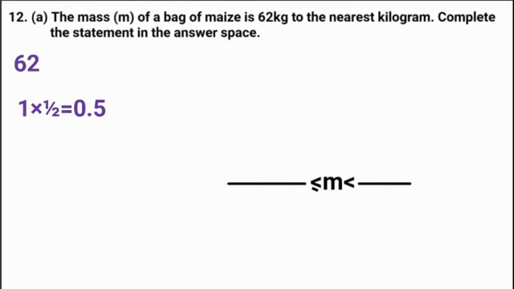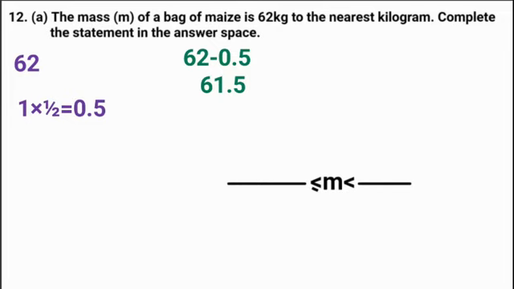Now to find the lower bound, we subtract 0.5 from 62. So 62 minus 0.5 gives us 61.5. Now this is the lower bound or the lower limit.